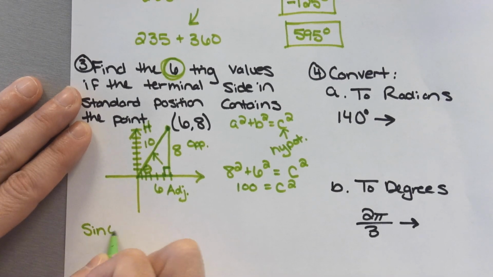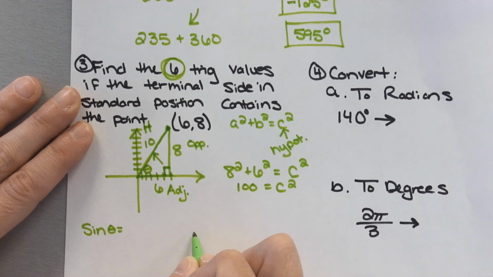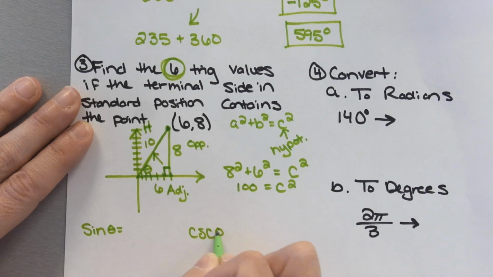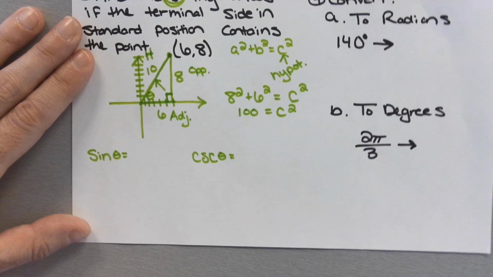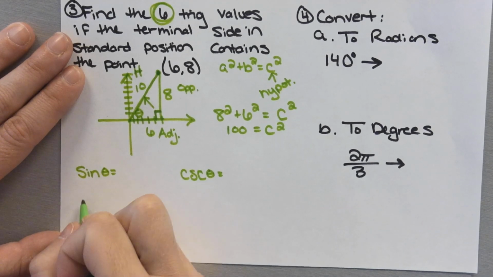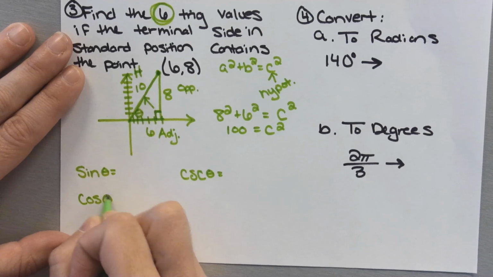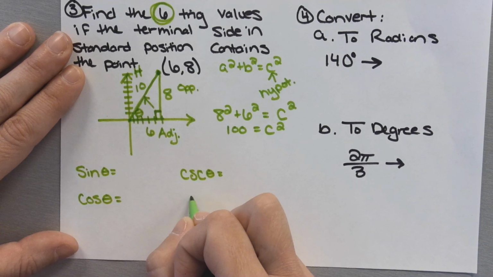Alright, so we need to remember that sine is reciprocal buddies with who? Cosecant. If you don't remember that, that's a memorization piece before tomorrow. The next one, what do I usually put next? Sine, then cosine. And its reciprocal buddy is secant.